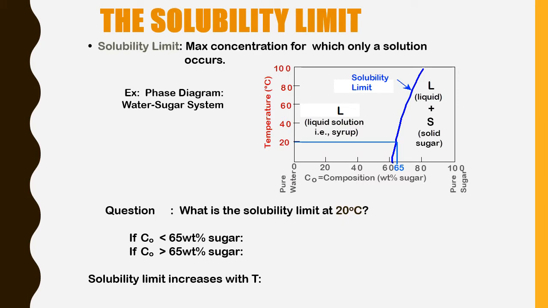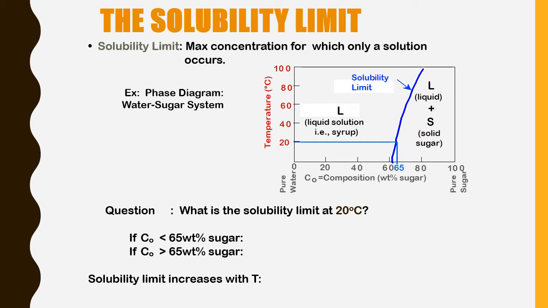Let us take a look at this first example of phase diagram. A phase diagram is actually a diagram that shows the transformation of phases. Let's say from liquid to solid, or from liquid to liquid plus solid to solid.